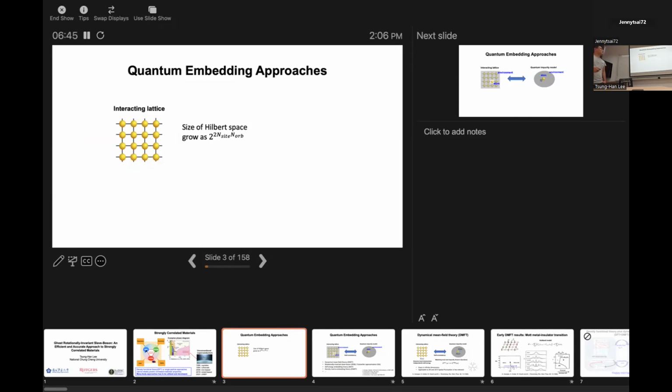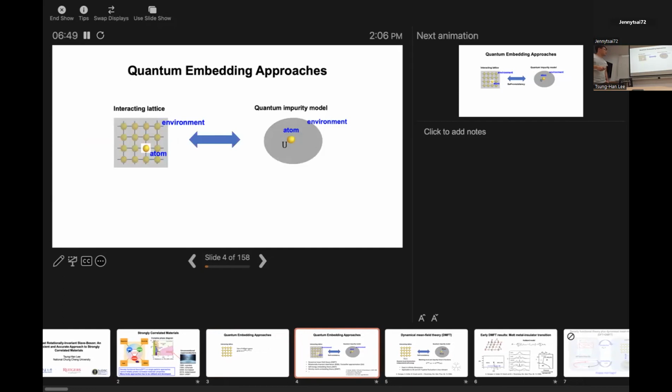So the idea of quantum embedding is that instead of solving the entire lattice system, we can pick one atom and treat it like an impurity, and the rest of the atoms we can view as an environment. And we can map this interacting lattice problem into this kind of quantum impurity model.